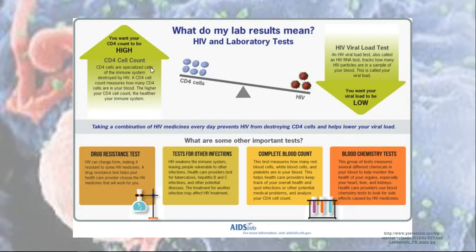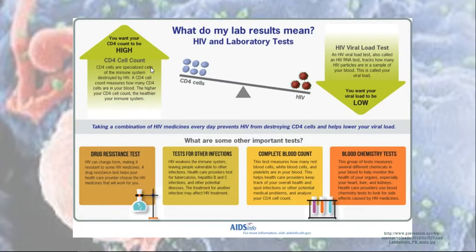Tests for other infections, of course, we want to always do surveillance for our patients with HIV prior to it developing into AIDS. We want to make sure that they're not being exposed to any opportunistic infections.